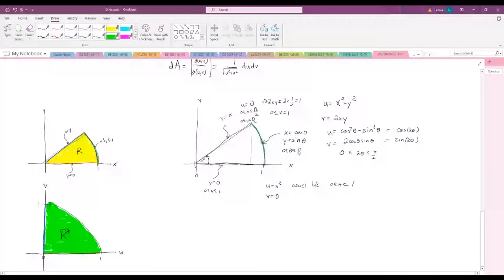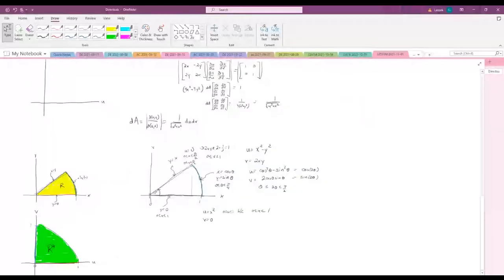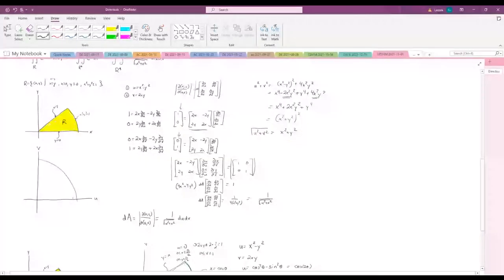All right, so there you go. This is our region of integration.